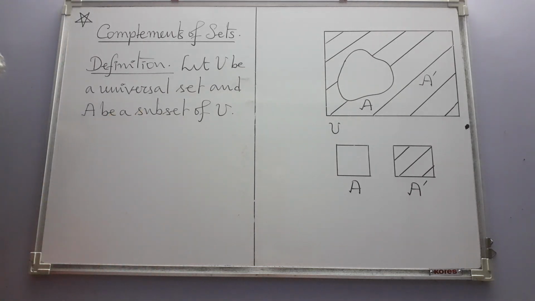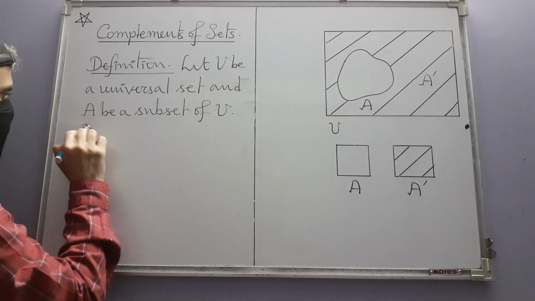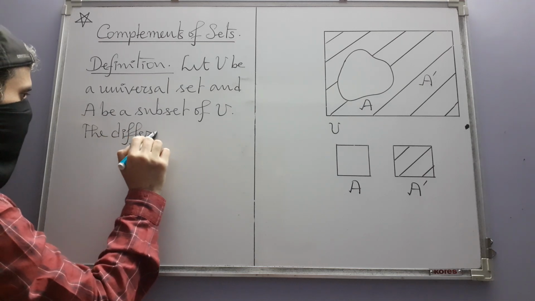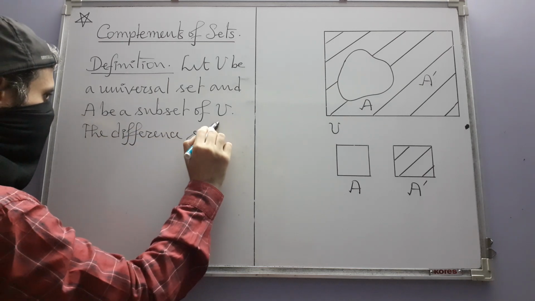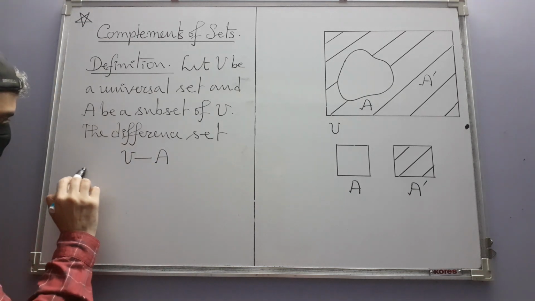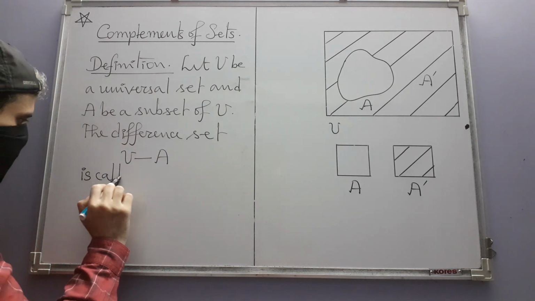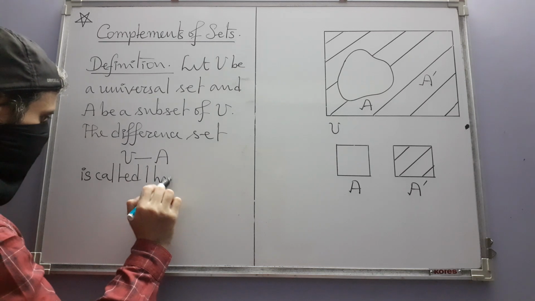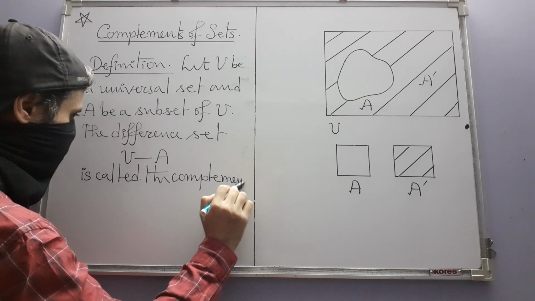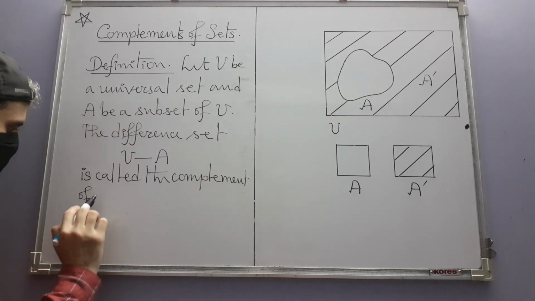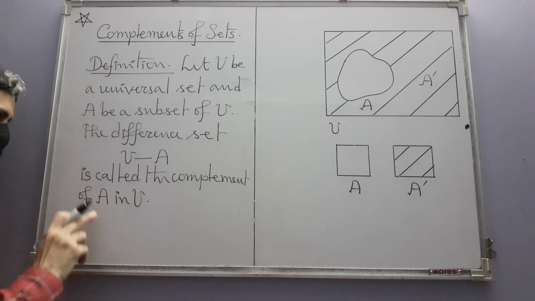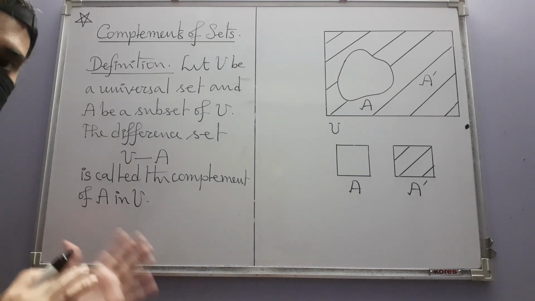These are general sets. The difference set U difference A is called the complement of A in U, the complement of the smaller set in the larger set.